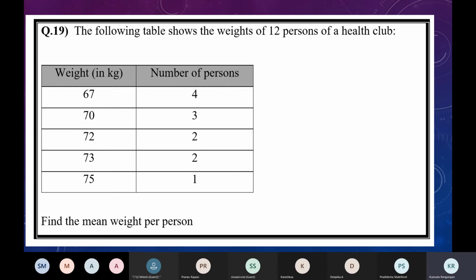What do you call this table? Data table.